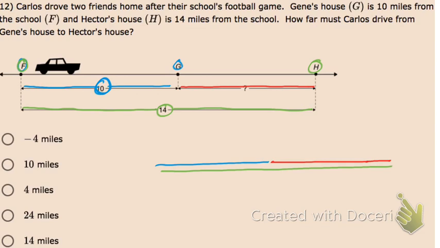So if we put that into an equation, we know the blue is 10. We don't know what the red is, so we're just going to call that X. So blue plus red equals the length of the green, and that's 14. You just solve this equation, and that will tell you the length of the red piece.